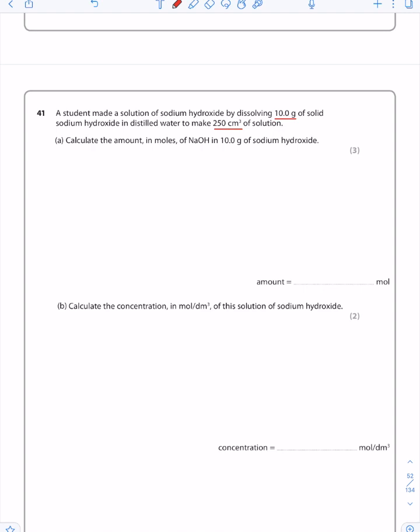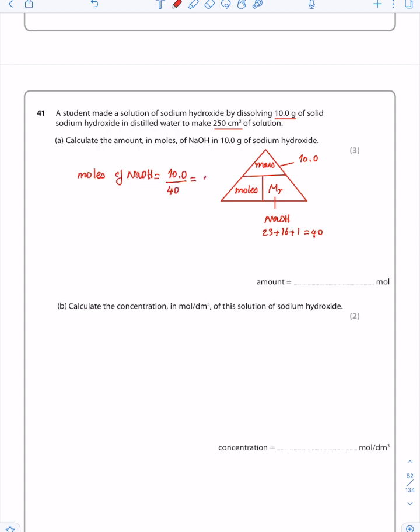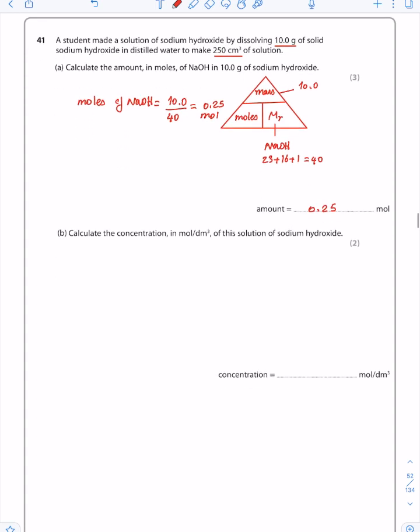Calculate the amount in moles of sodium hydroxide in 10 gram sodium hydroxide. يبقى احنا دلوقتي معانا الماس of sodium hydroxide عاوزين نجيب المولز. القانون بتاعنا moles is equal to mass over MR. الماس of sodium hydroxide ب10 والMR of sodium hydroxide sodium 23 والأكسجين 16 والهيدروجين 1 يبقى كله على بعضه 40. يبقى المولز of sodium hydroxide is equal to mass 10 جرام over 40 يبقى يطلع quarter mole 0.25 مول. يبقى نكتب هنا 0.25 مول.